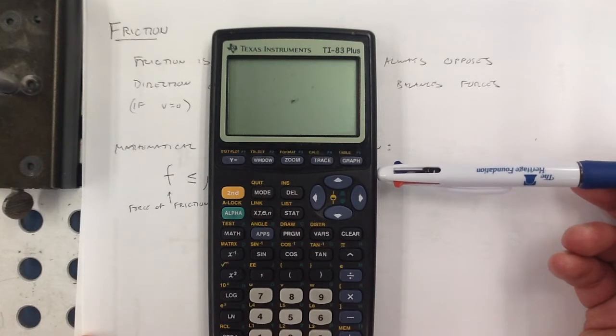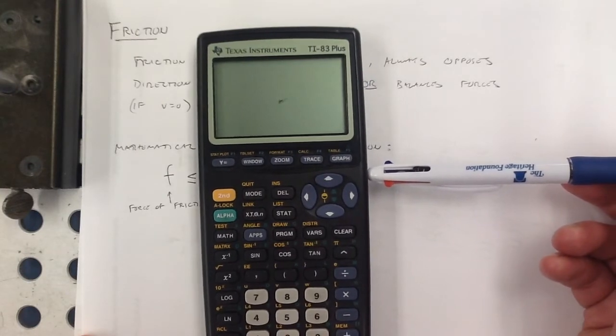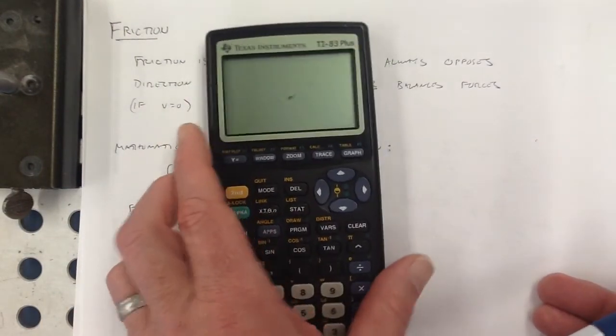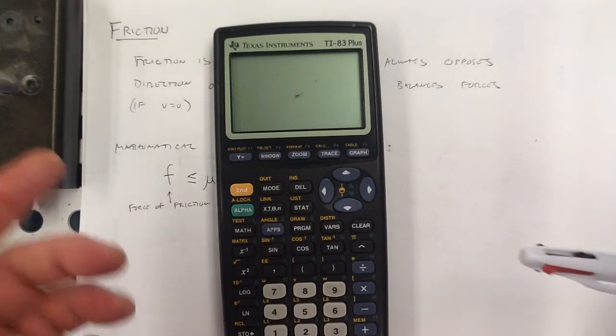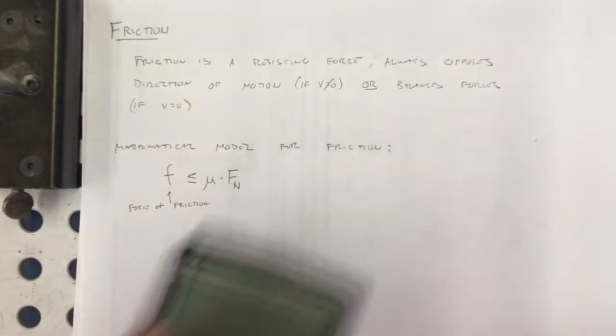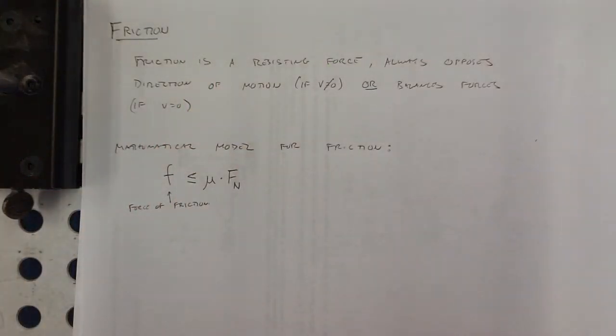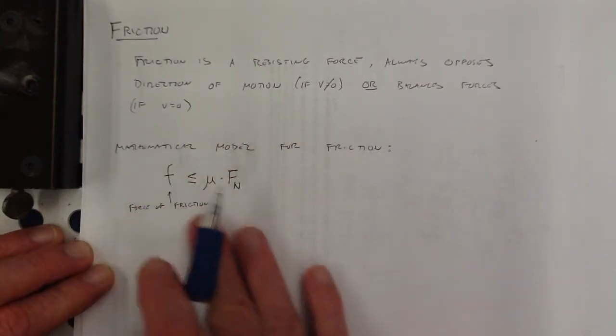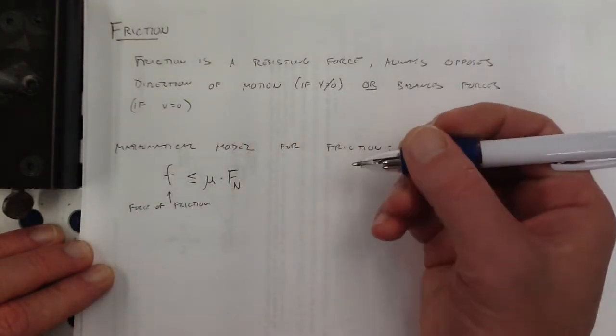There's a little tiny bit of friction there, and then a little bit more until I break that static friction. So there's as much as there needs to be to keep it still up until it can't get it done anymore, and then you have kinetic friction. Then things start moving. Okay, so this kind of captures both of those.